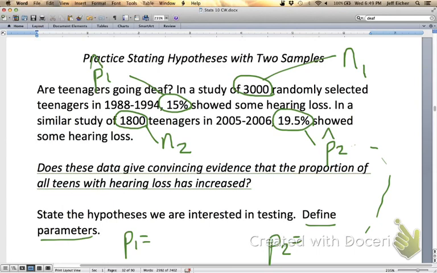Notice another key phrase here: does this data give convincing evidence that hearing loss has increased among teens? That tells you the direction, one-sided, of your significance test.